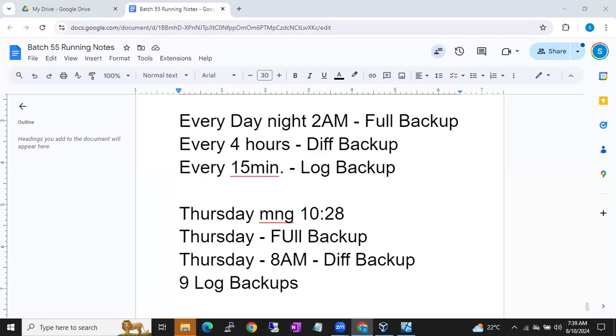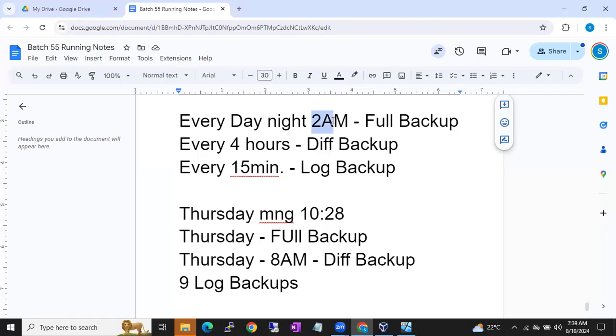Don't think every means that after the full backup, the differential backup will start. While taking the backup it will consider the full backup, but the schedule is since 12 a.m. only. Are you getting the point?